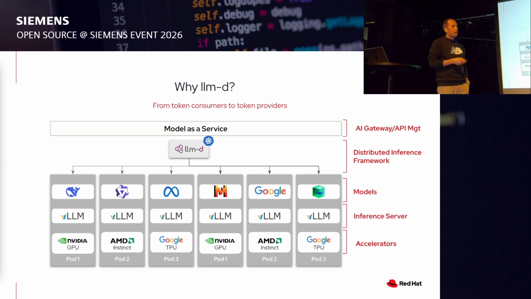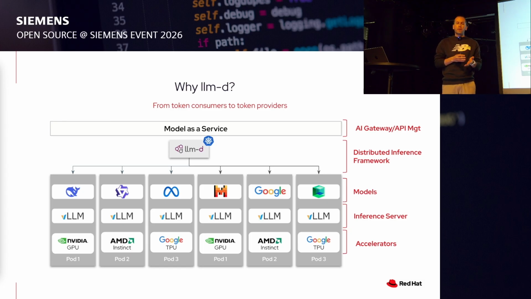So why llm-d? I think at this point, most of you are using AI to write code or do everything and anything. And you use AI token providers, right? I mean, you use Anthropic, OpenAI, Google Gemini, all those things.